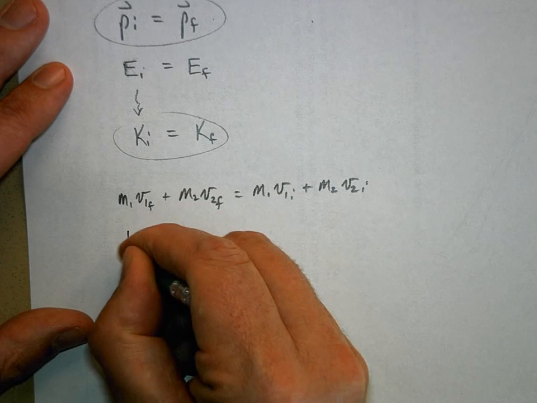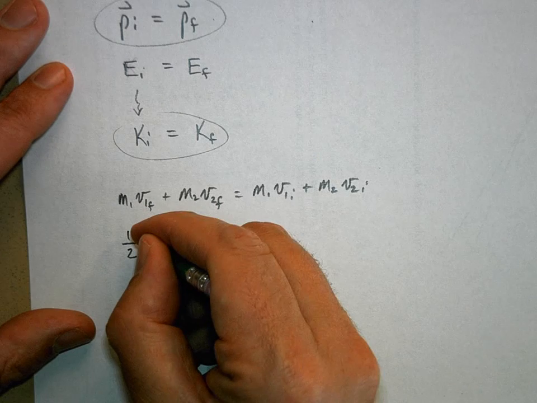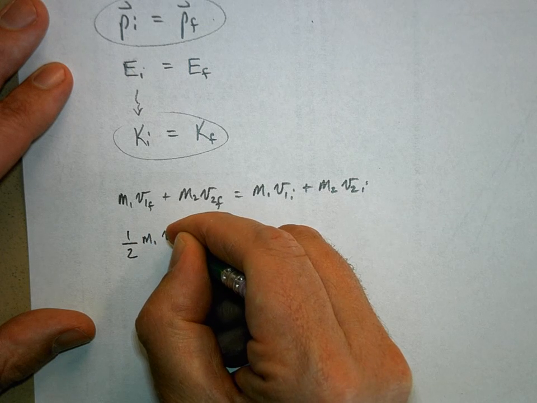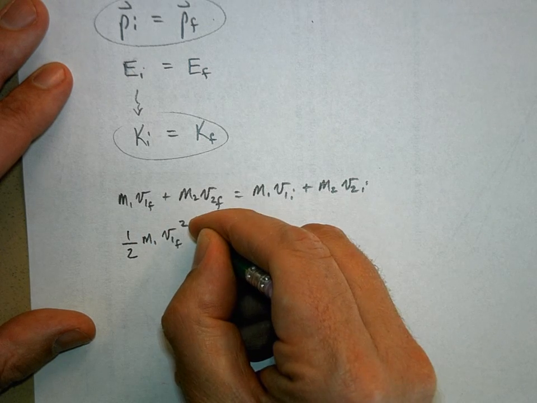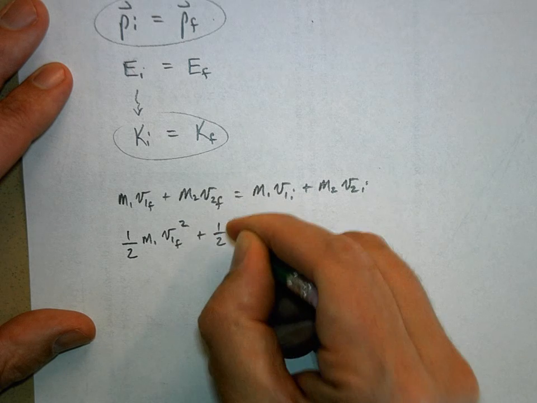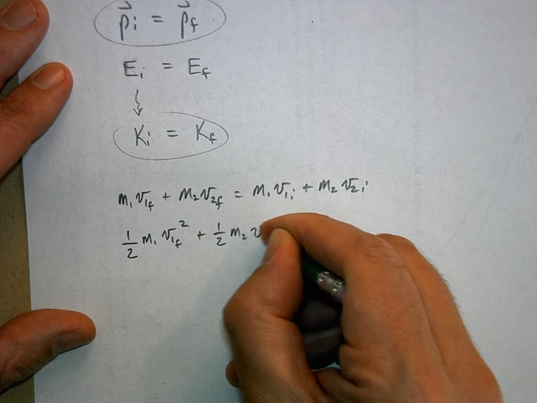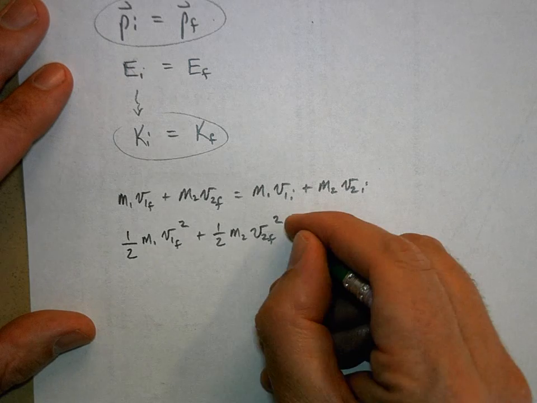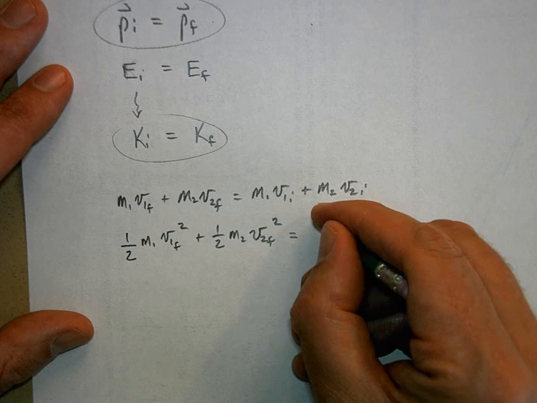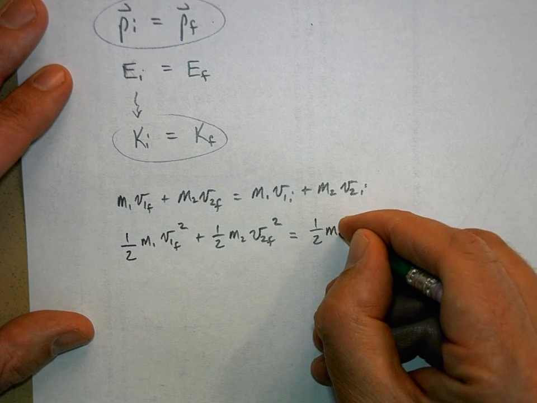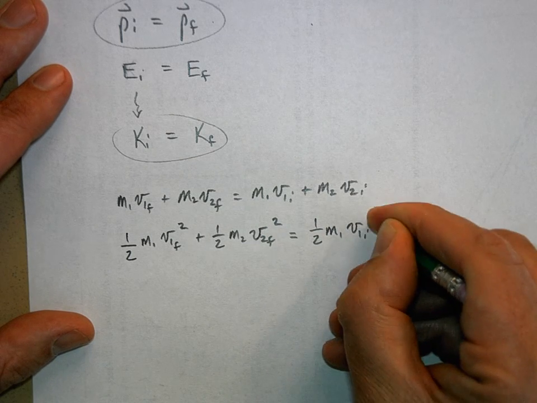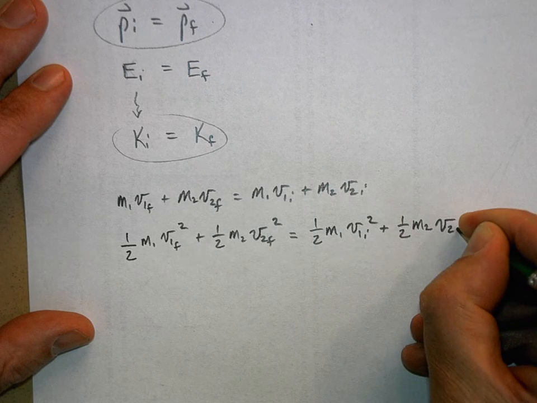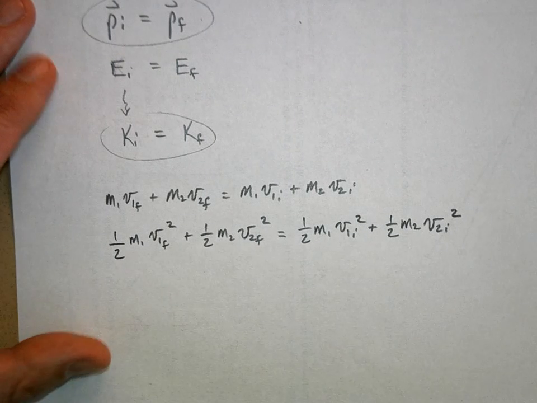If the kinetic energy is equal before the collision and after, so there's my final kinetic energy, and that will be equal to my initial kinetic energy before the collision. Okay, so here are my two equations.